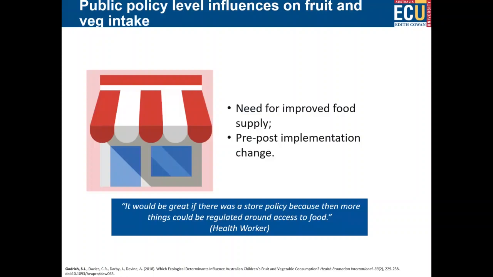Looking at store policies in particular, this quote from a health worker was saying it would be great if there was a store policy because then more things could be regulated around access to food. Some people talked about the influence of a store policy being implemented and that it really did make a positive difference in terms of the types of foods, the cost of food, the quality of food that was available for people to consume.